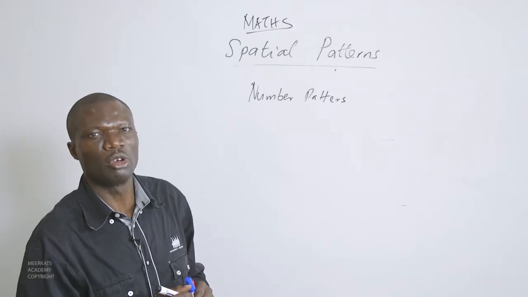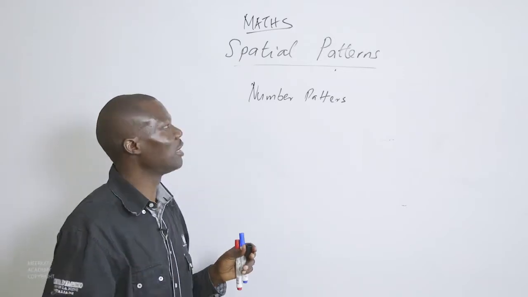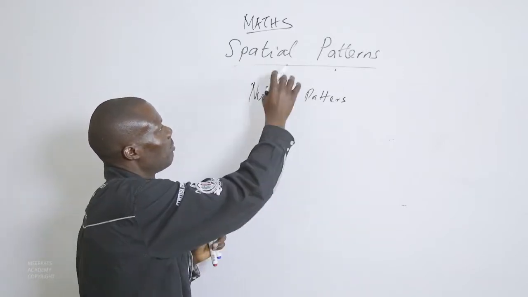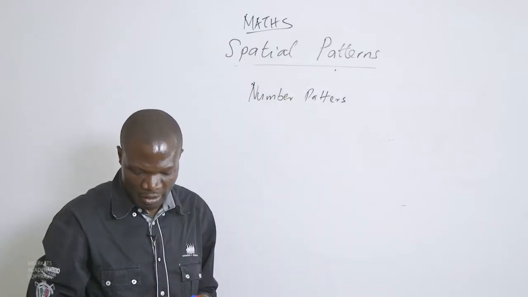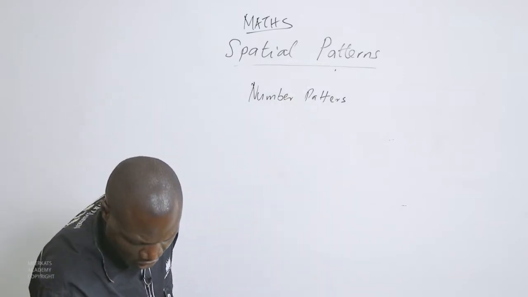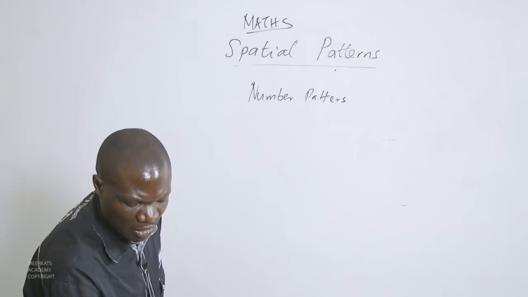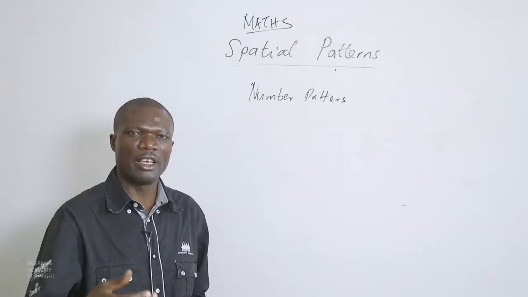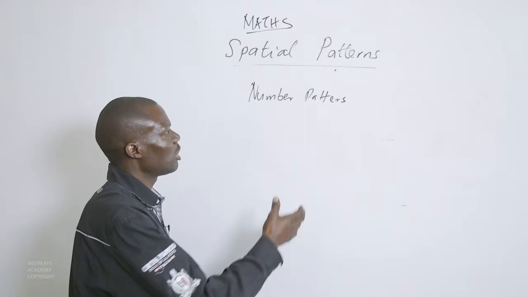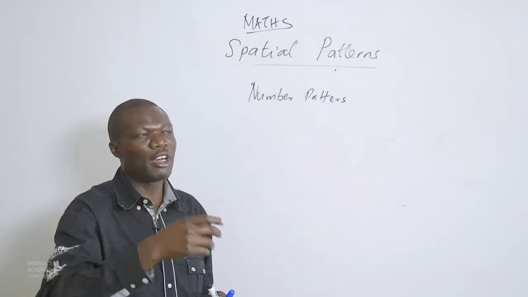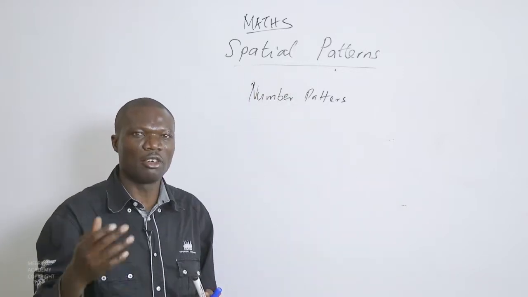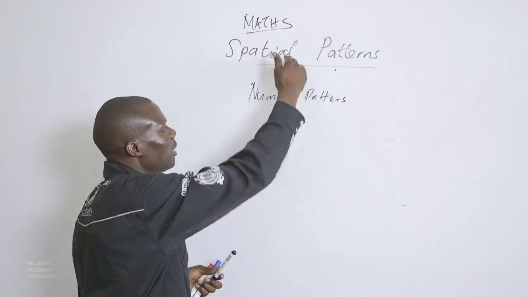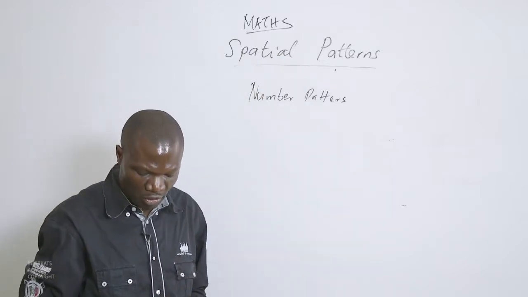The relationship will clearly be elaborated when you have the spatial pattern and the number pattern. So it is always clear that the patterns were developed and they are related. If you cannot apply the number pattern, refer to the spatial patterns and you'll always find the rule governing the two as you move on.